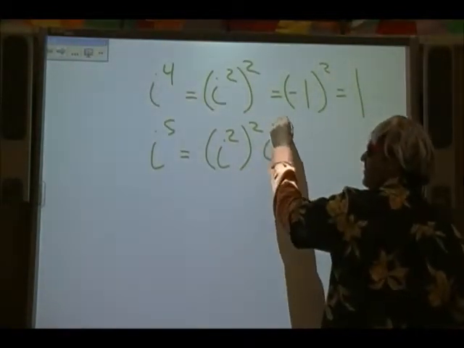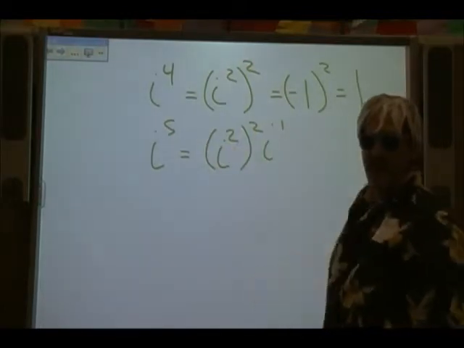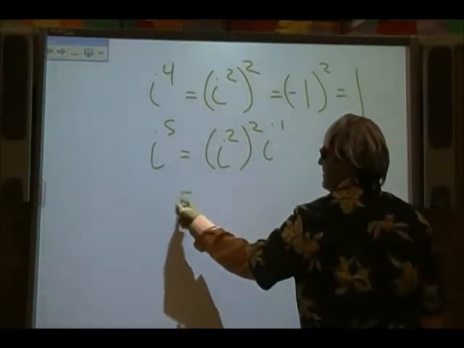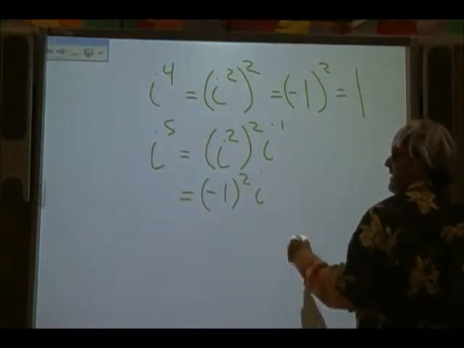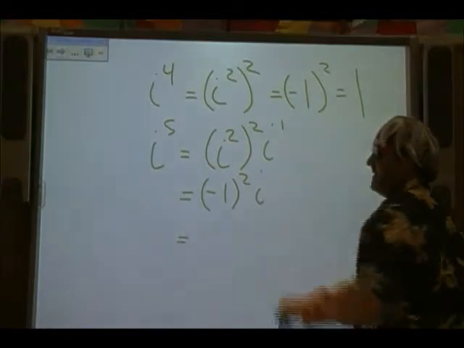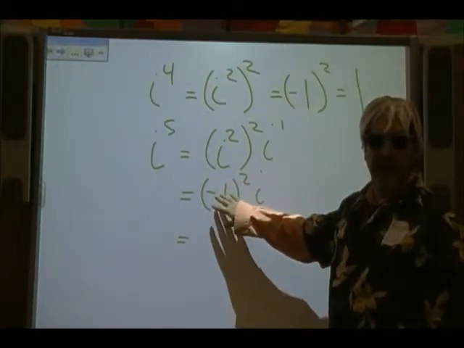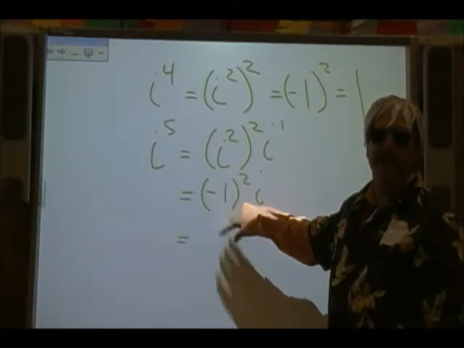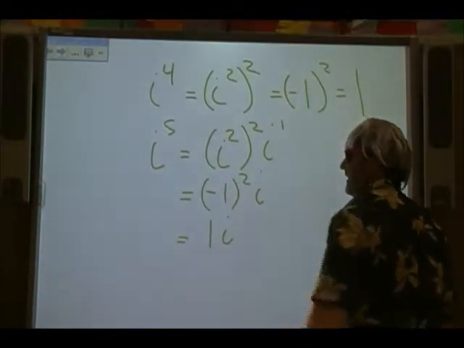That's the remainder. That makes the 5. And then this becomes negative 1 squared times i. And anytime you have an even exponent of the negative, it becomes positive. So this is 1i.